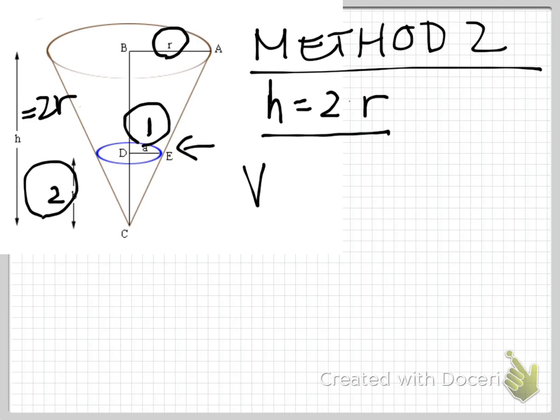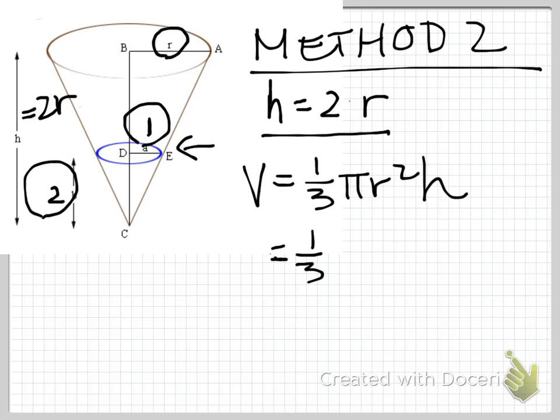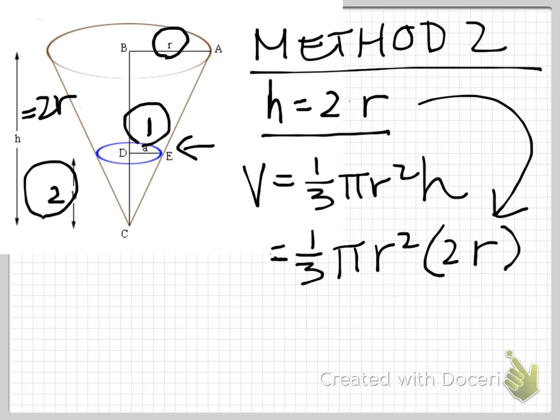So what we're going to do is, in our original equation, 1/3 pi r squared h, we're actually going to rewrite it in terms of r, right? So you can see I'm substituting the h equals 2r equation into h, and what I get is a final equation that only has r.